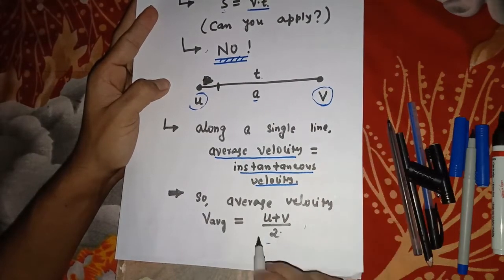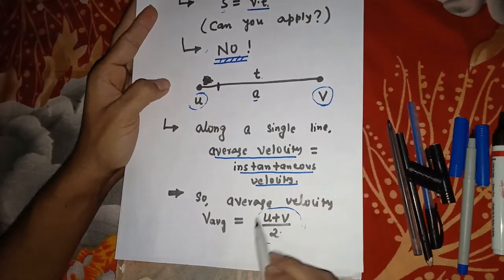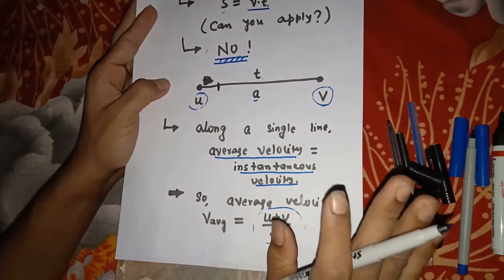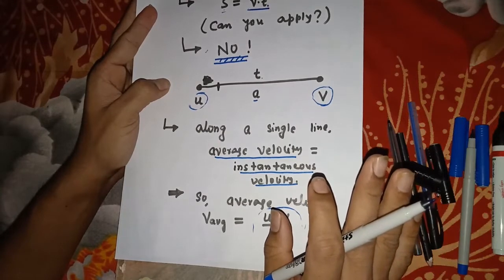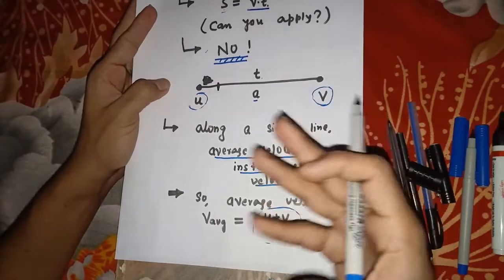That's why we treat it as if the body moves in a straight line with the uniform speed of u plus v by 2. This is a different angle from which you can treat this type of problem.